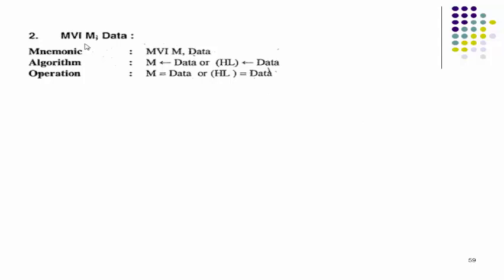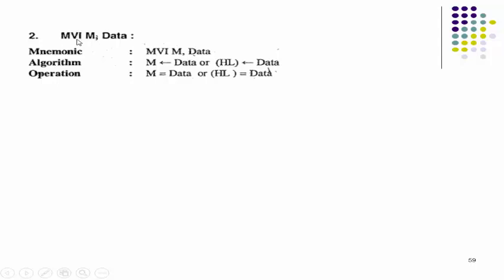Next instruction, same mnemonic but slight change is there: MVI M, comma, 8-bit data. Now, as we discussed in the notation slide, capital M indicates the HL pointed content, the register pointed content or memory pointed content.